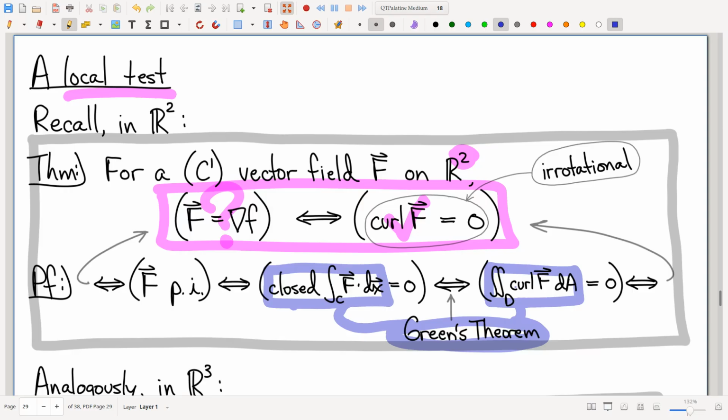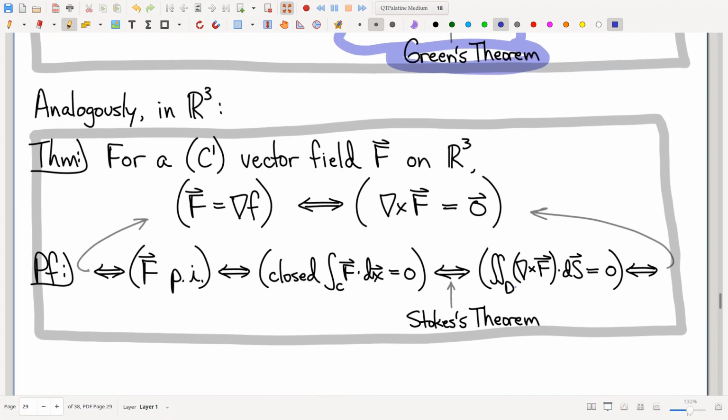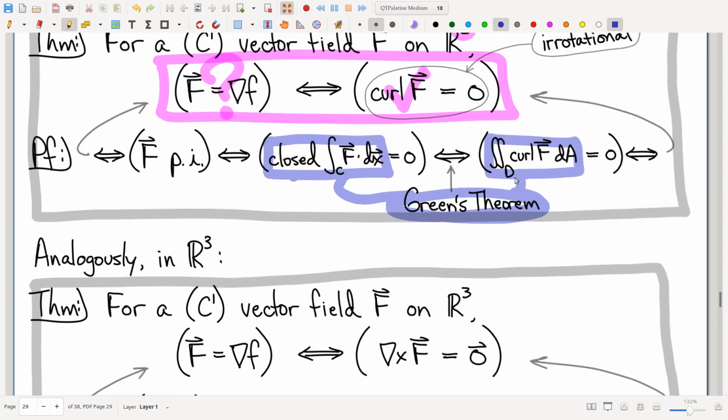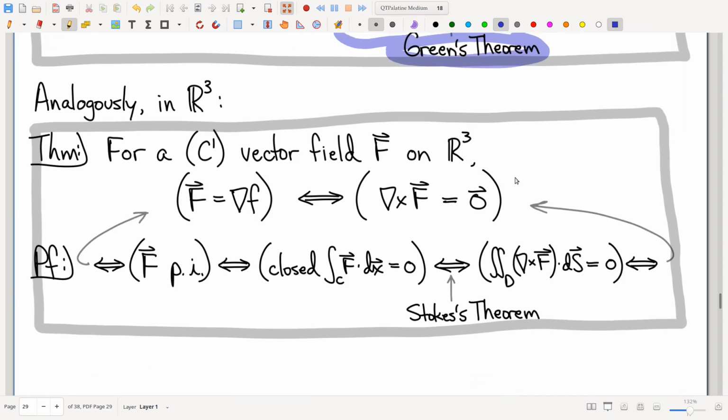And so again, the power in this argument comes from Green's theorem. Then I made an analogous statement, in purple, about how do you tell if a 3-dimensional vector field is or is not a gradient.